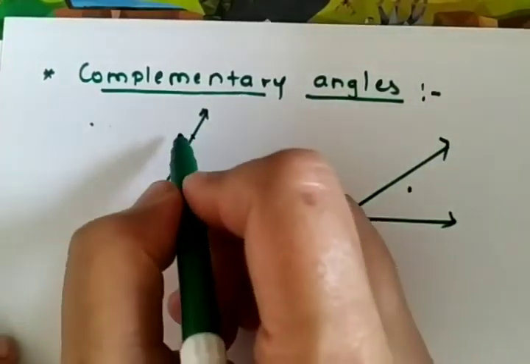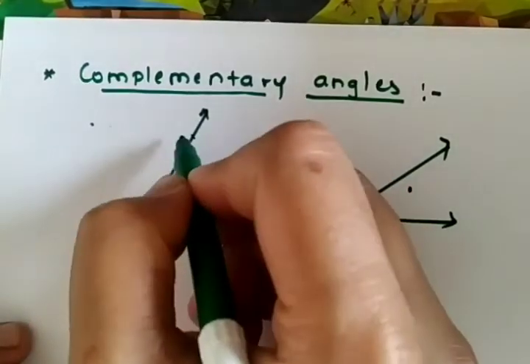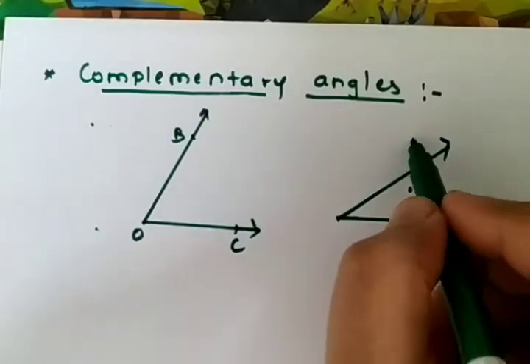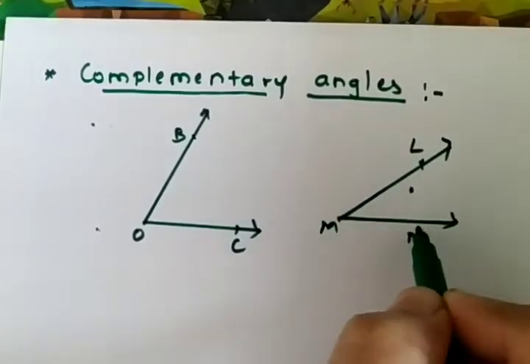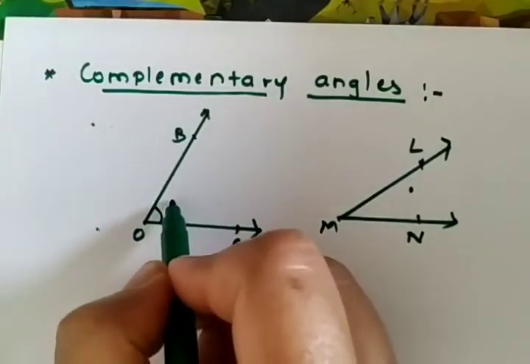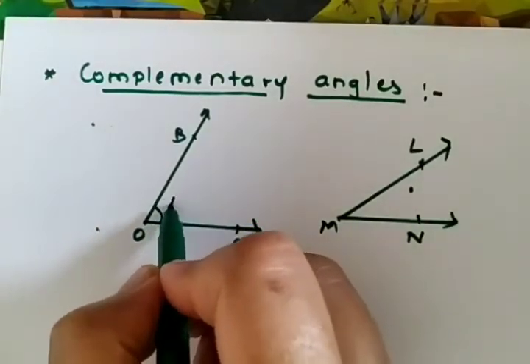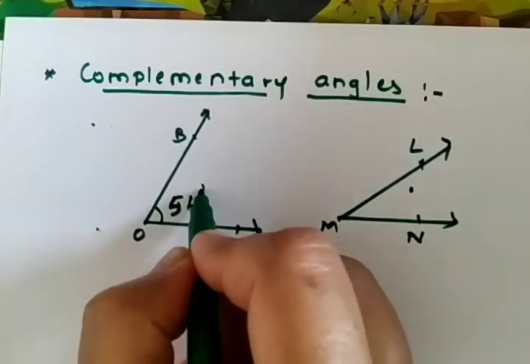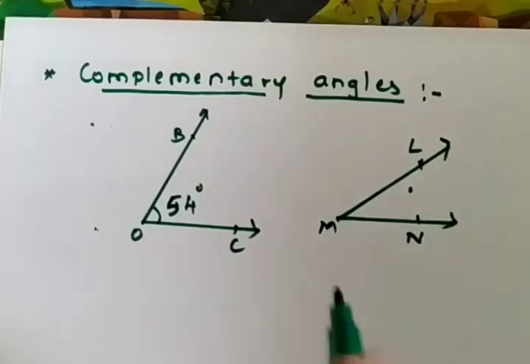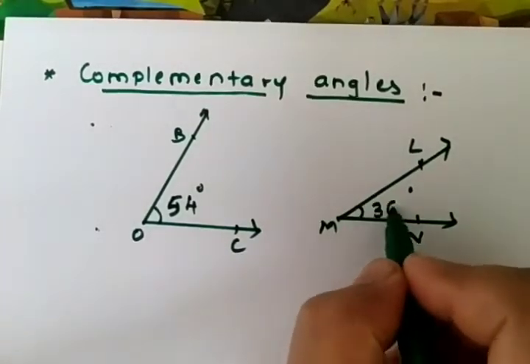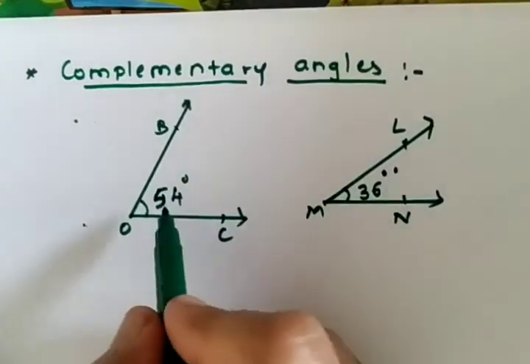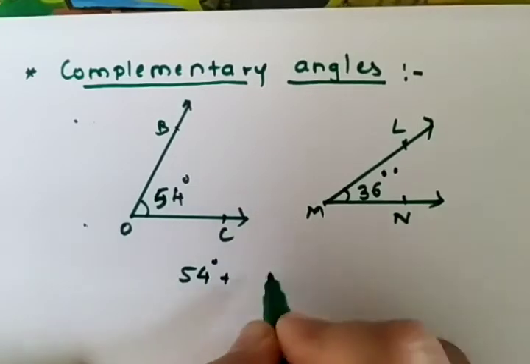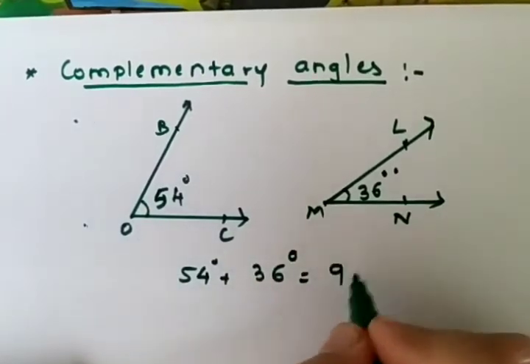See, this is angle, suppose, BOC, and this is angle, suppose, LMN. If the measurement of this angle is, suppose, 54 degrees, and the measurement of this is, suppose, 36 degrees, and I add these measurements, 54 degrees plus 36 degrees, I get 90 degrees.